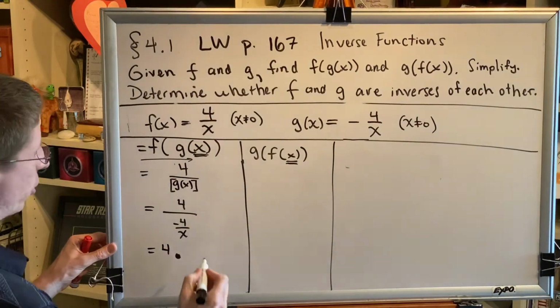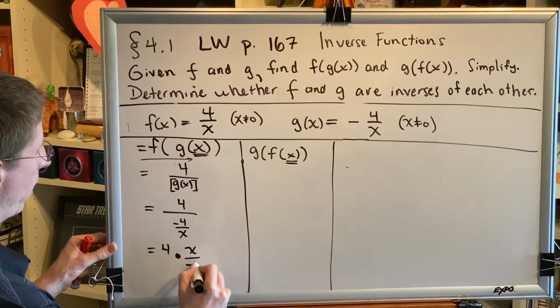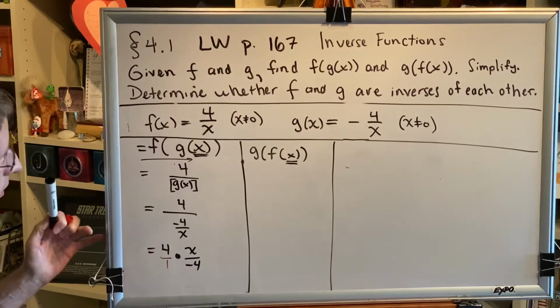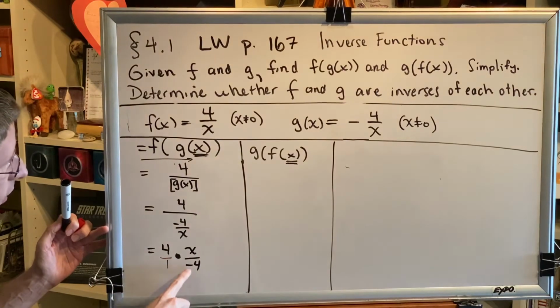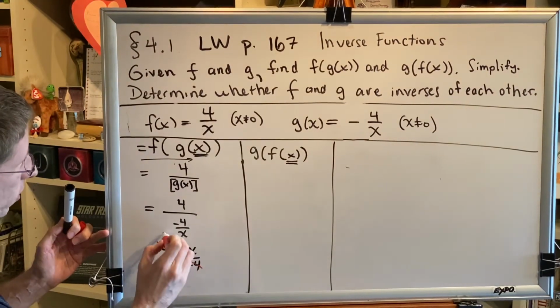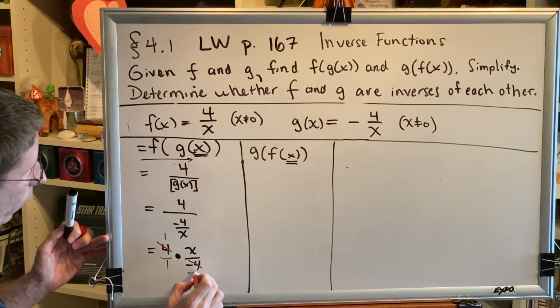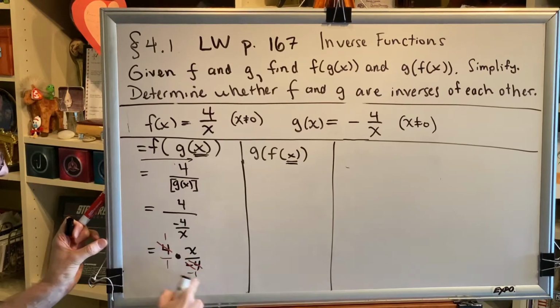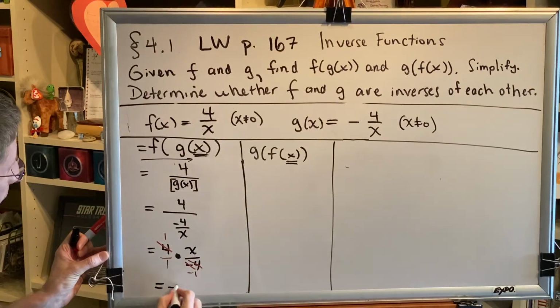Flip the bottom fraction over. So this would be an x over a negative 4. Now we know that 4 is the same as 4 over 1. So this 4 and this 4 can cancel, but don't forget about the negative. So this would be a 1, and this would be a negative 1. And then what do we have? 1x over negative 1, which is simply negative x.